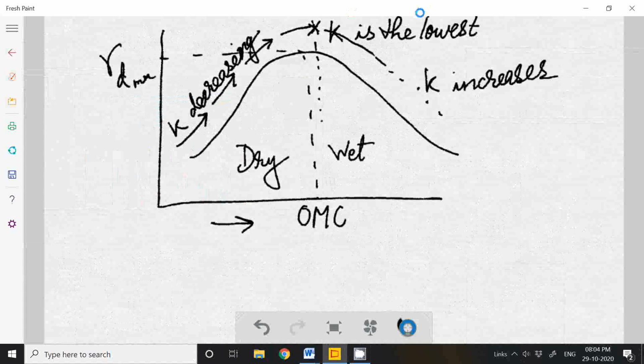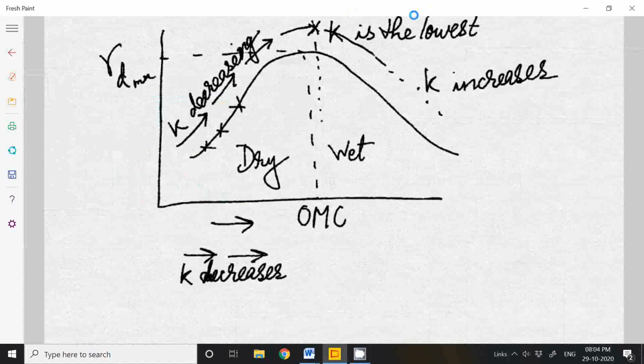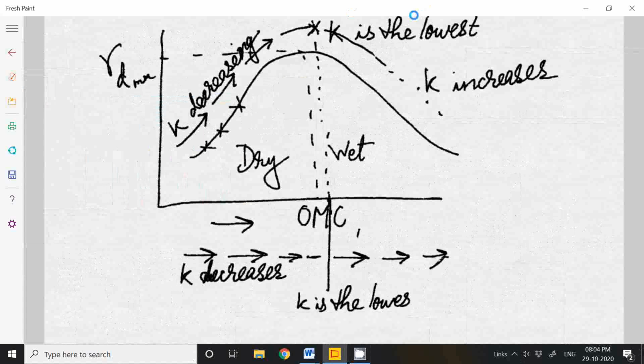So as we increase the moisture content, K decreases. K starts decreasing, and somewhere a little beyond OMC, K is the lowest, and then beyond there, K again starts increasing.